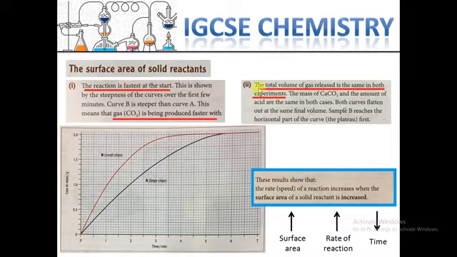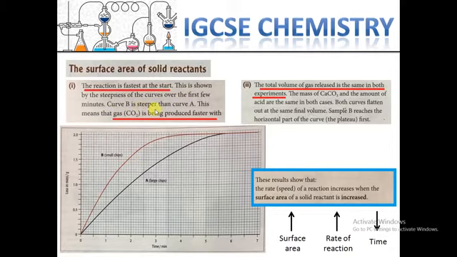There are two points that we can get from this experiment. First, the reaction is fastest at the start, for example minute 1 or 2. This is shown by the steepness of the curve over the first few minutes.